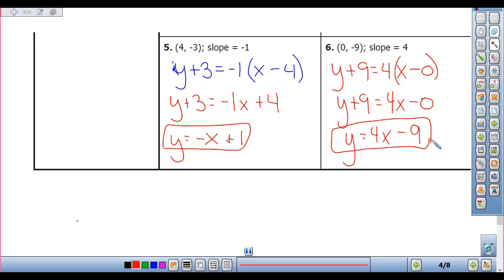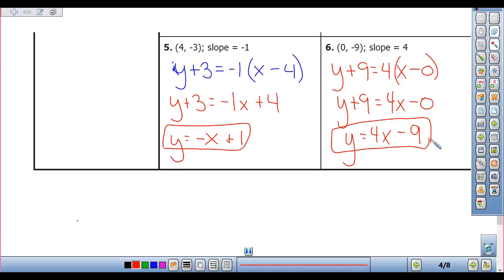My answer is y equals 4x minus 9. Where did we get a 1/3 from, before you distributed?